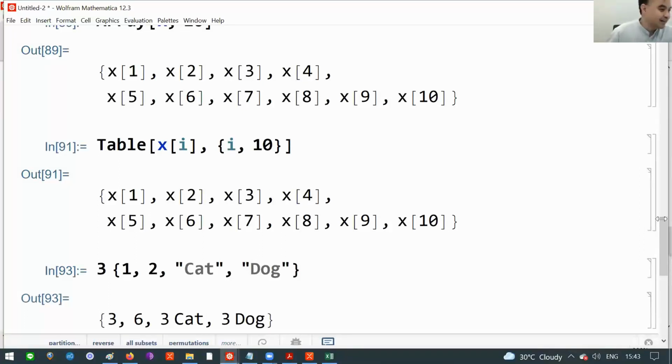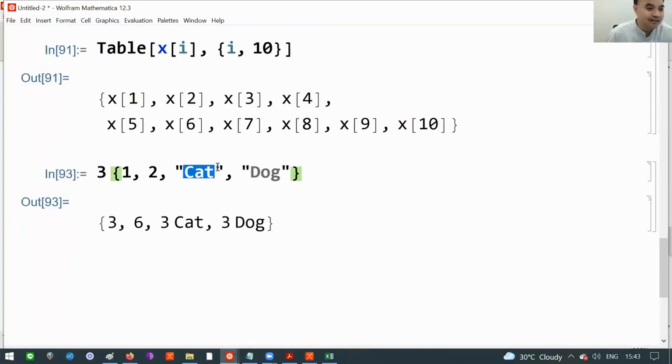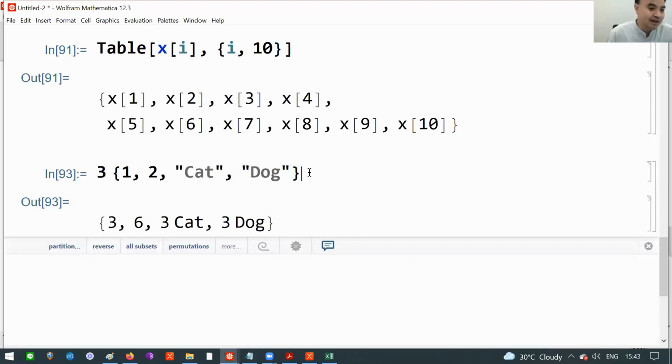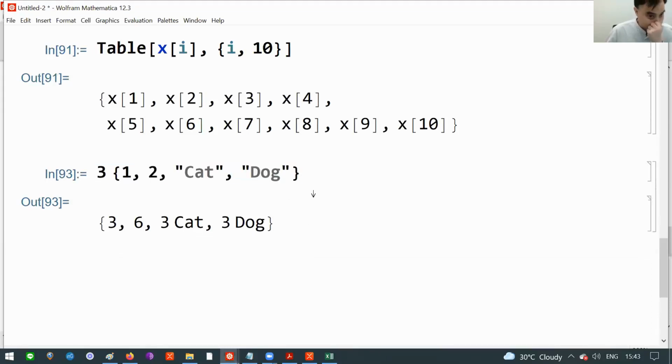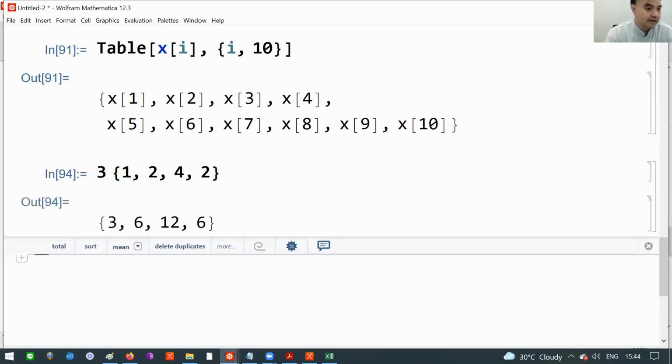Well, you can, just symbolically. It's assuming that this is a number or something. Okay, it doesn't really make sense. Maybe it does, I don't know. But if it is a number, then it makes mathematical sense, right?